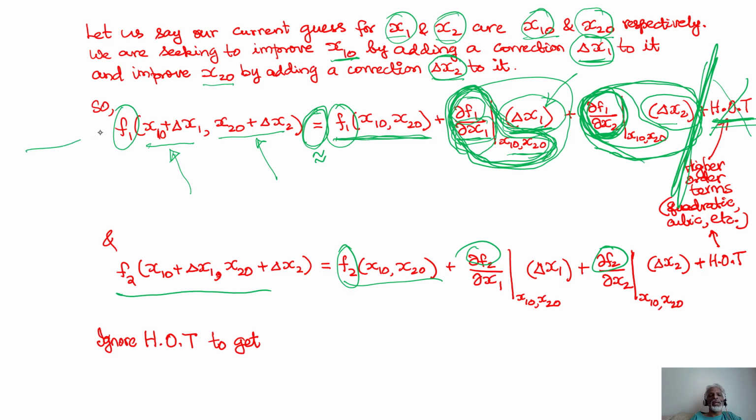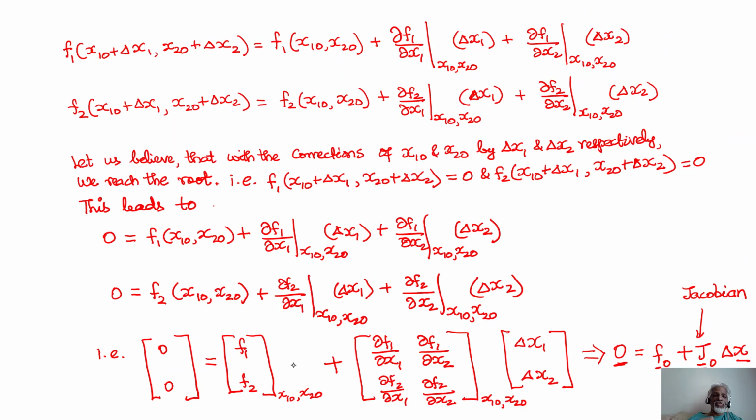So whatever we discussed and did at the top for f1, we do the same thing for f2 here. Again, there are higher order terms in order to keep this a strict equality, but we are going to ignore the higher order terms to keep the problem linear. Thus, once we ignore the higher order terms, we are going to get this to be roughly equal to.